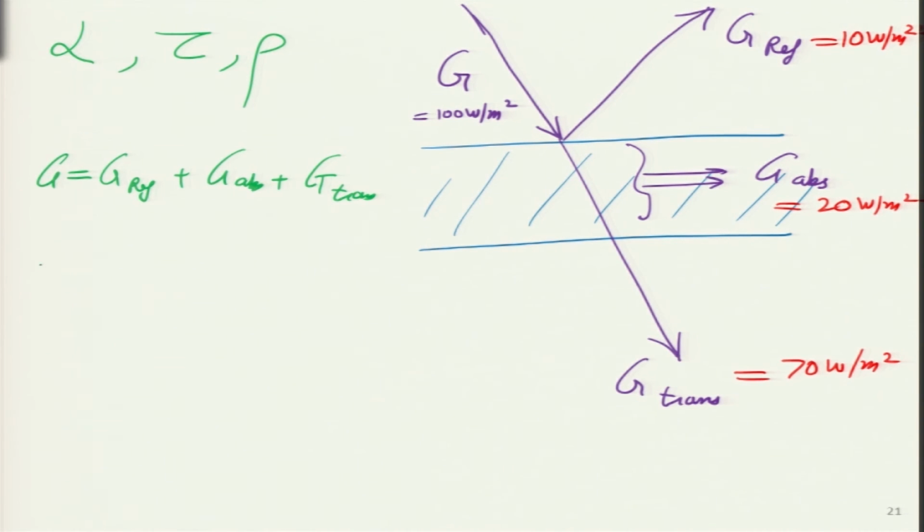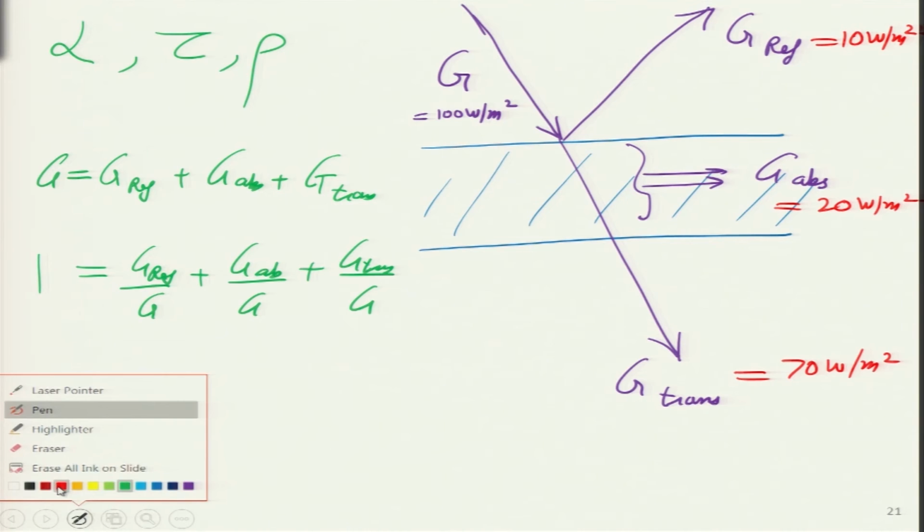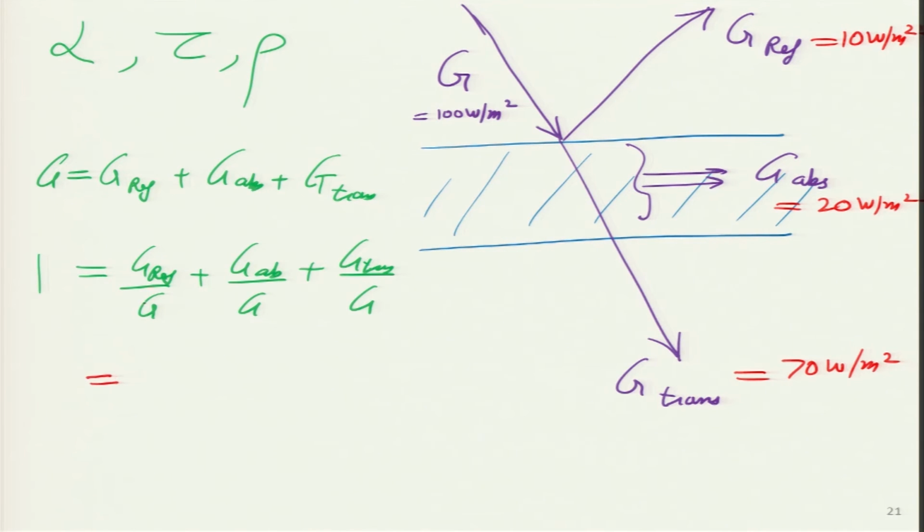If I divide the whole thing by G, I get G reflected by total G, G absorbed by total G plus G transmitted by total G. And these are the same quantities that we have written above. So, the reflected portion turns out to be rho, reflectivity, absorbed portion is alpha, transmitted portion is tau.